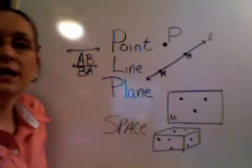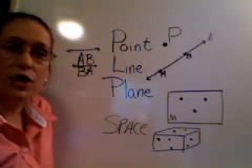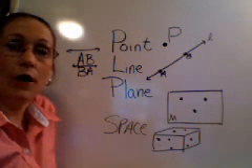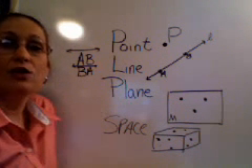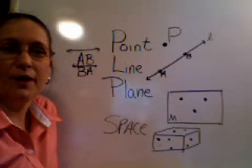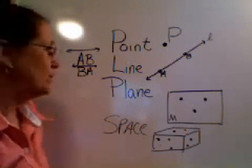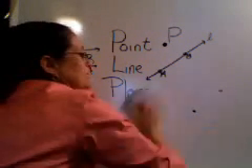Space would be 3-dimensional. Point, no dimension. Line, 1 dimension, indicated with 2 points. Plane, 2 dimensions, and you need 3 points. Space is 3-dimensional.